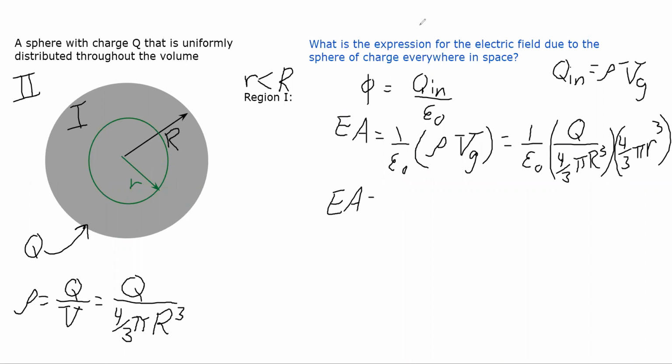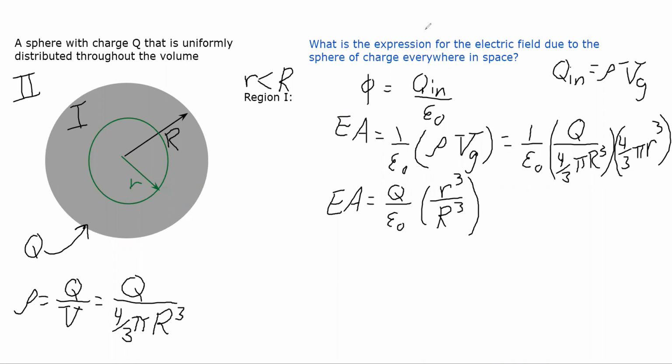EA equals Q over epsilon 0. The 4/3 cancel out, so we get r cubed over R cubed.